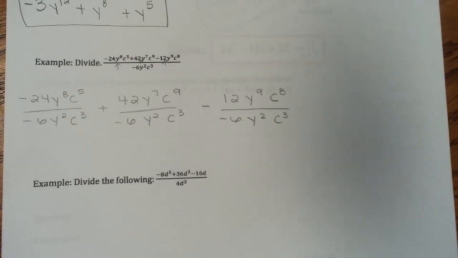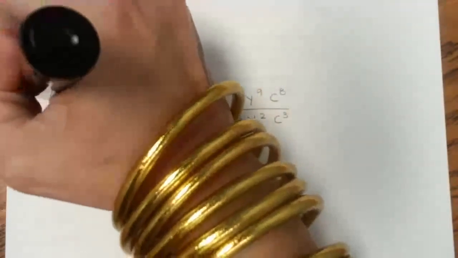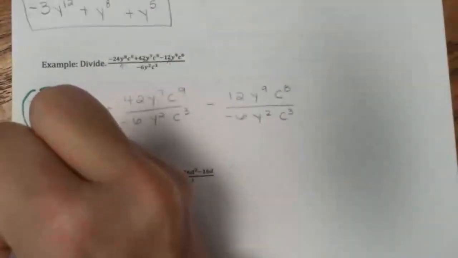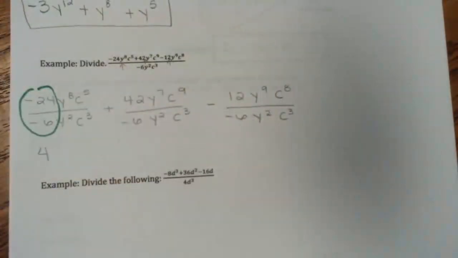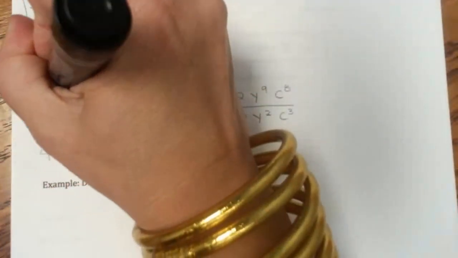So each will be divided. So same thing. So let's kind of like combine like terms, so to speak. So negative 24 divided by negative 6 will leave us with positive 4. Y to the 8th, let me use a different color, divided by y squared, we're going to subtract those exponents.